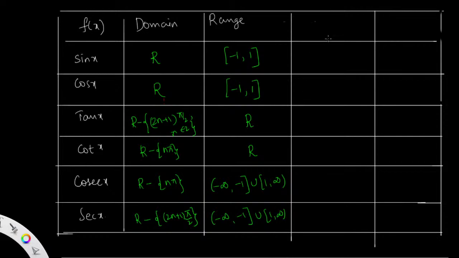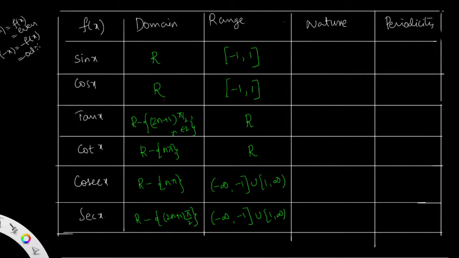And then write the nature. First you write the nature and then the periodicity. So nature is about sine of minus theta. If f of minus x equals f of x, then it is an even function. If f of minus x equals minus f of x, then it is an odd function.